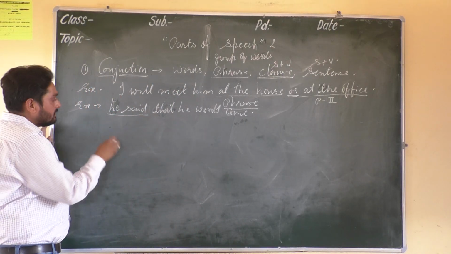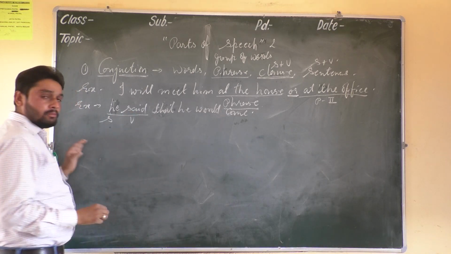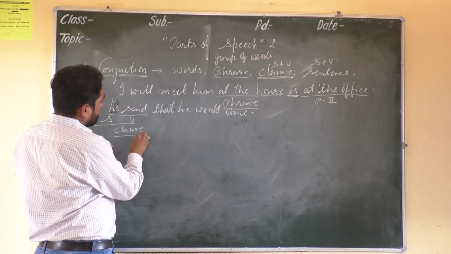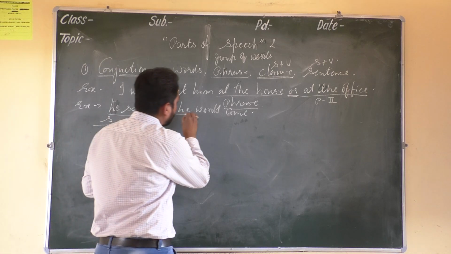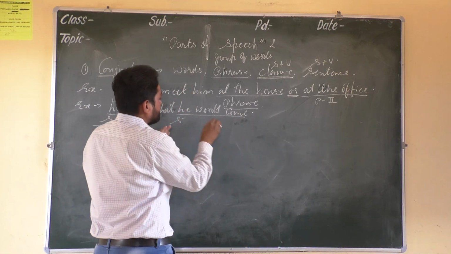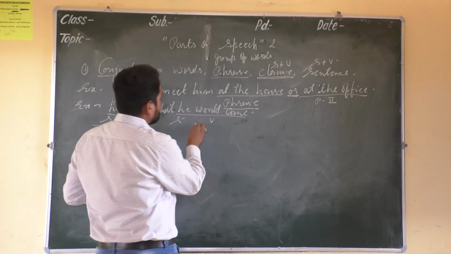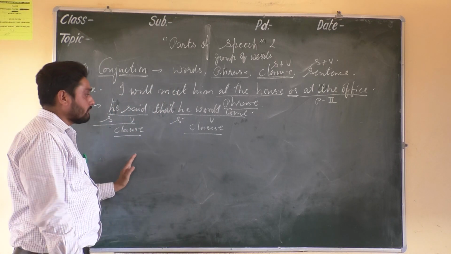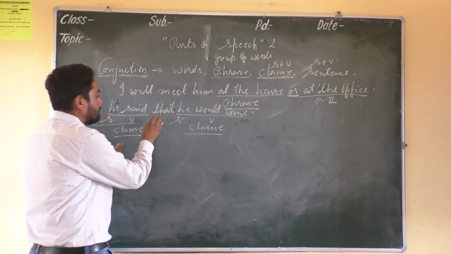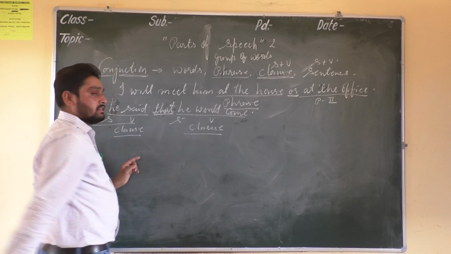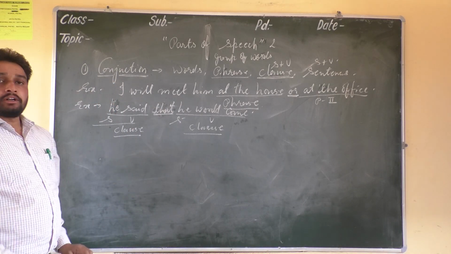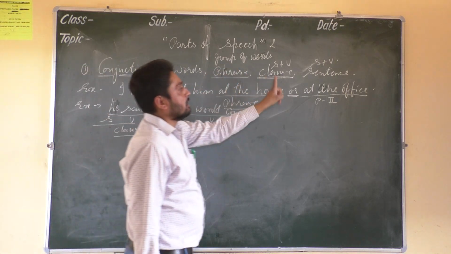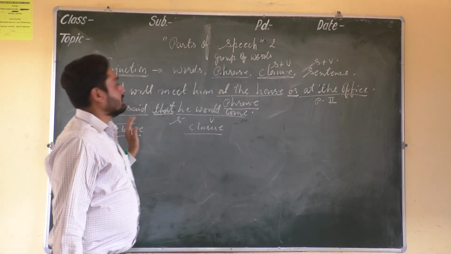He said has a single subject and a single verb. That means this is a clause. And again here is another clause, with a single subject and a single verb. That means this is also a clause. And both clauses are connected by the conjunction that. That means those words which connect words, phrases, clauses, and sentences are conjunctions.